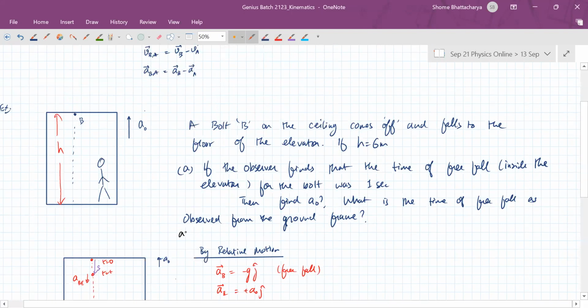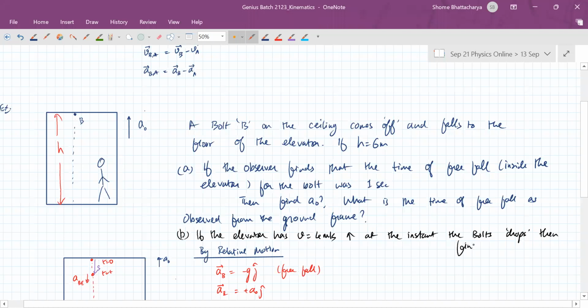The second part of the question is B: if the elevator has a velocity of 4 meters per second upwards at the instant the bolt drops or comes off, then find the distance traveled by the bolt.